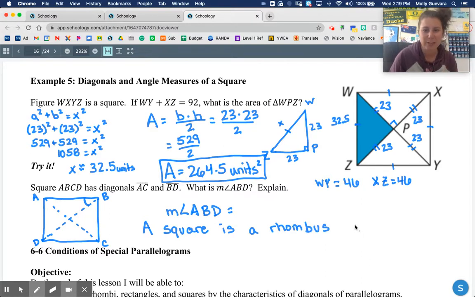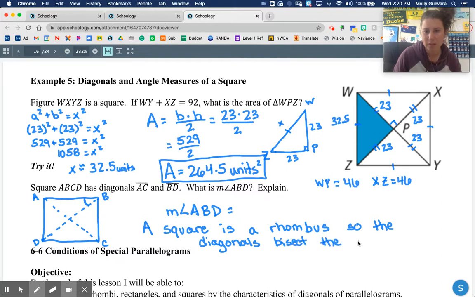So a square is a rhombus, so the diagonals bisect the angles. So the diagonals cut the angles in half. And just that fact alone is going to be enough for us to be able to figure this out. Because I know that the whole angle B is 90 degrees. So if the diagonal cuts that in half, then angle ABD is going to be half of 90, which is 45 degrees.